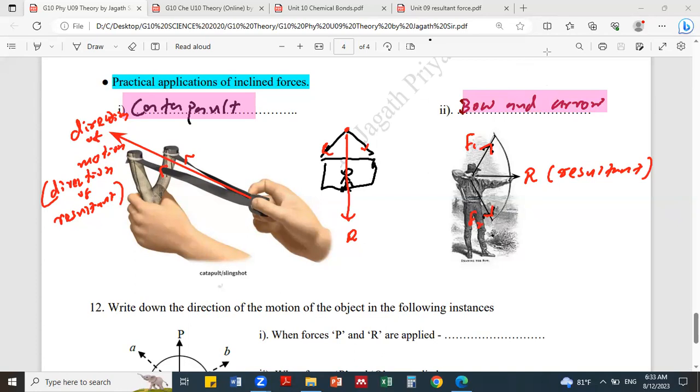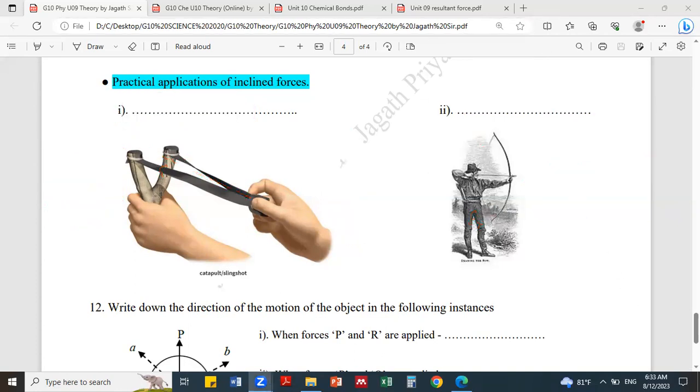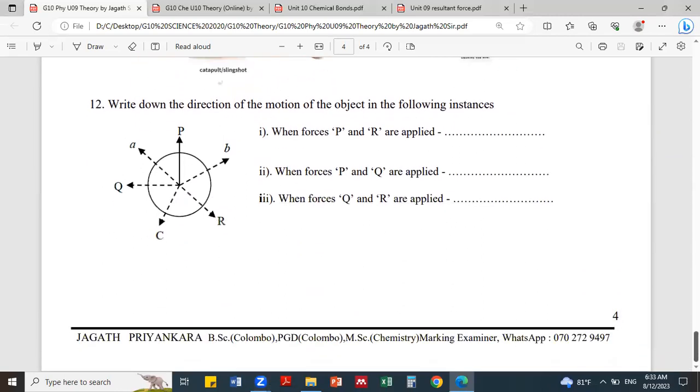Then the 12th one, students. Look here, the 12th one. Write down the direction of the motion of the object in the following instance. When the forces P and Q are applied, what happens to the direction of motion? In which direction?